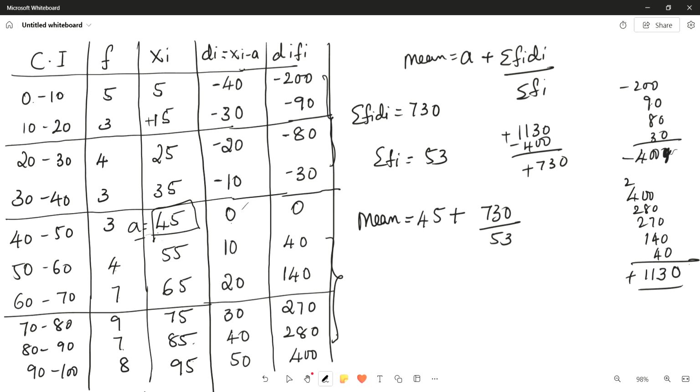So divide this, whatever answer you get, add with the 45. 13.7 you will get.